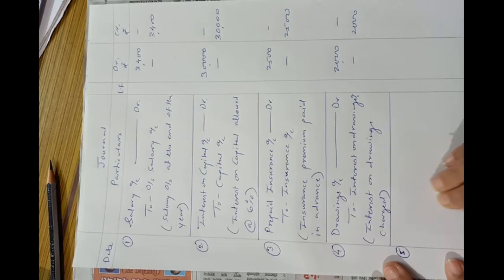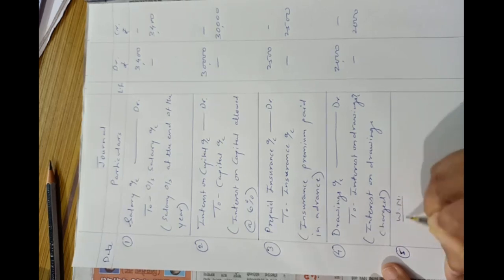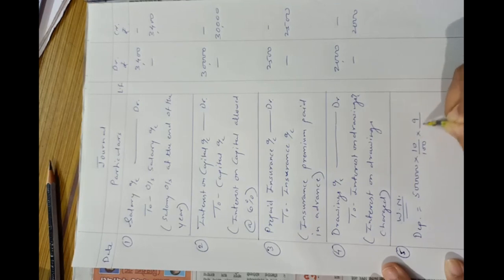I will solve here the working of calculating depreciation and then we will pass the journal entry in next page. So working note, depreciation first we have to calculate on the machinery, that is 5 lakhs. 5 lakhs into 10% into 9 months.